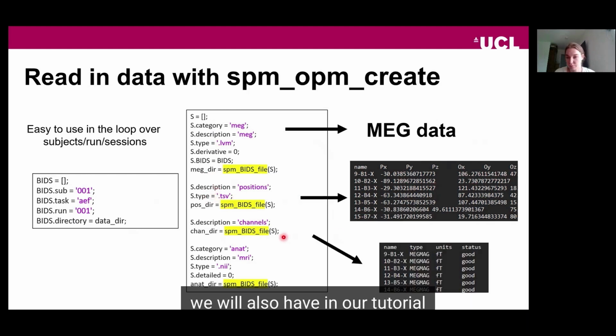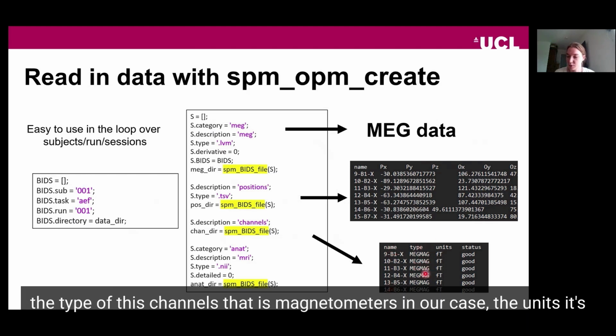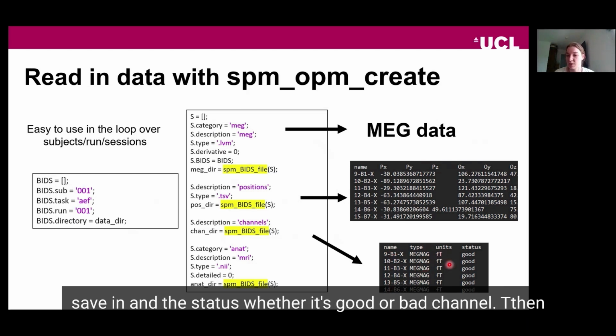We will also have in our tutorial data the channel file, which is a text file that has the names of the channels, the type of these channels, which are magnetometers in our case, the units it saves the data in, and the status, whether it's a good or bad channel.